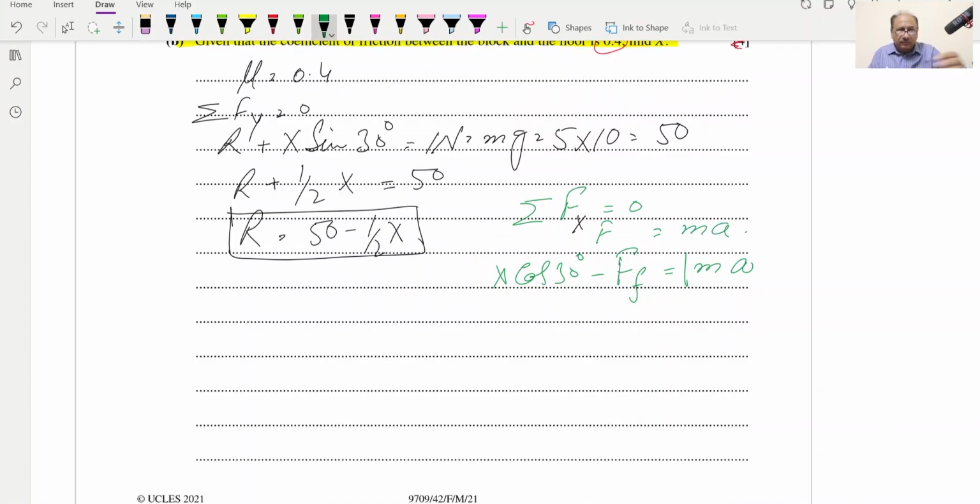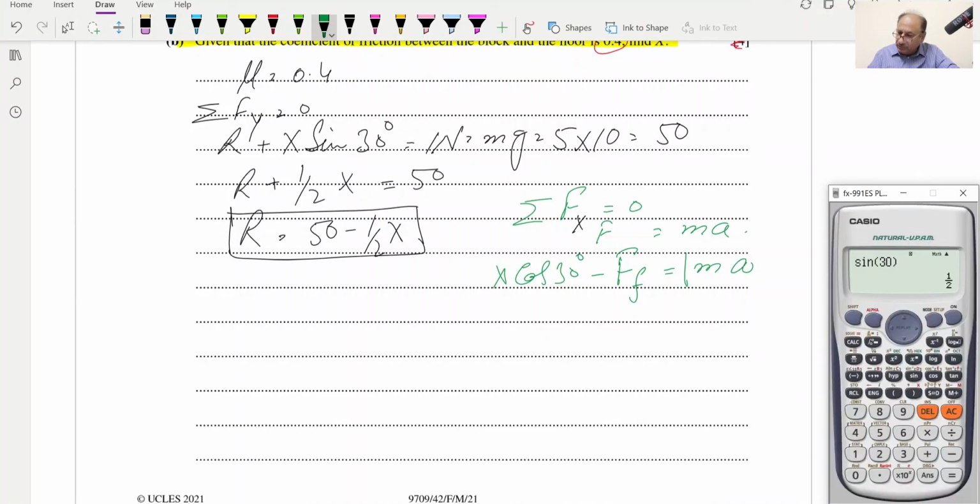Now we can replace the values. Cos of 30 degrees is equal to root 3 by 2.